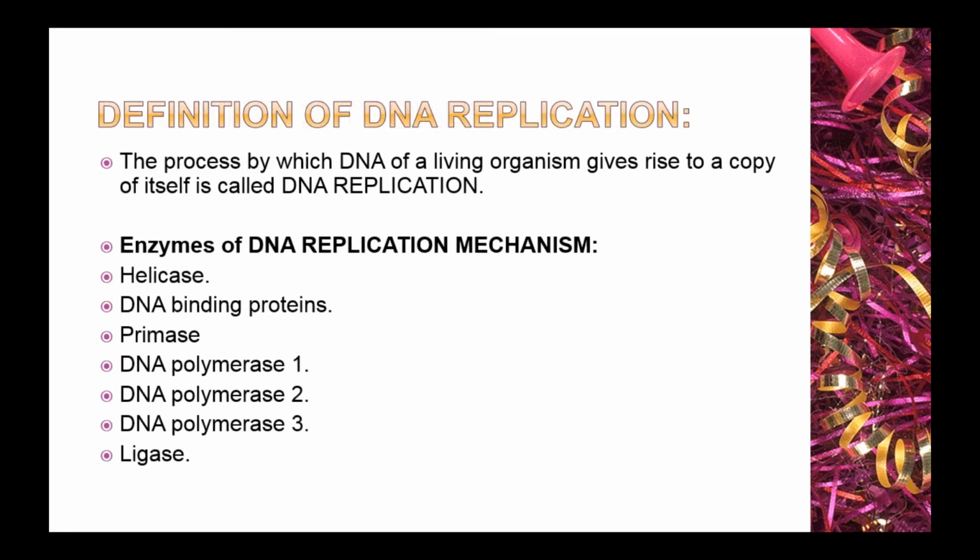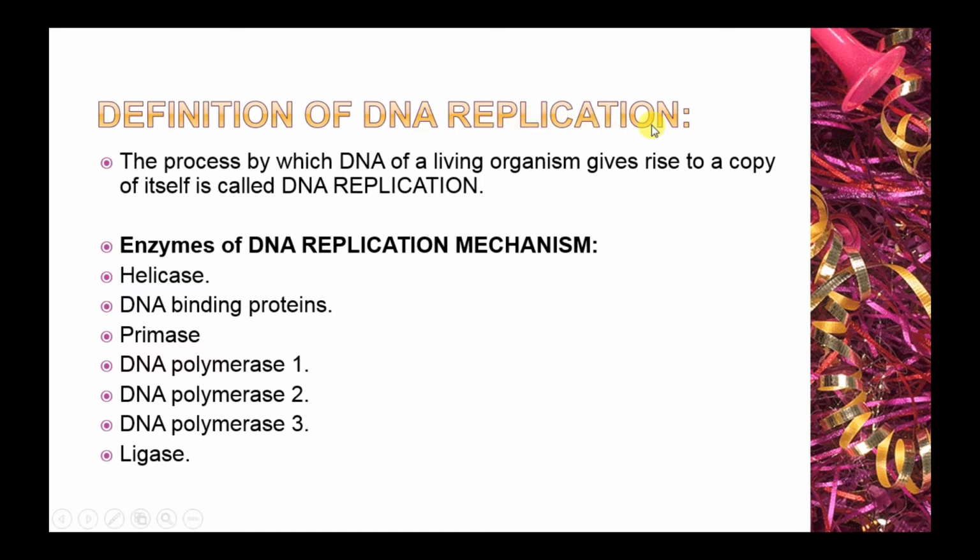Definition of DNA replication. What is DNA? I have told you many times in all my previous videos, the DNA is a double-stranded helical structure containing three basic components. The first one is a nitrogenous base, the second one is a pentose sugar, and the third one is a phosphate group.